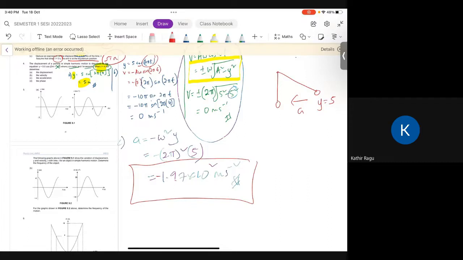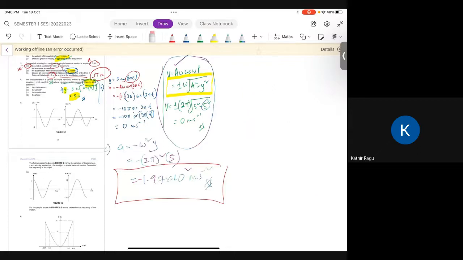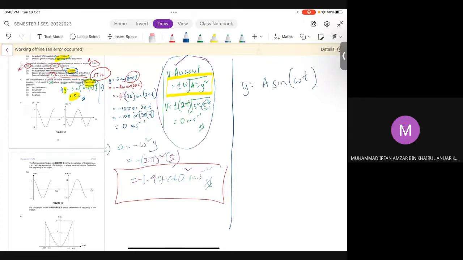Okay, question number D. They ask you about phase. Apa simbol phase? Tak tahulah, tak pernah belajar. Jangan cakap tak pernah belajar. Phase tu simbol dia yang mana? Y equals to A sin omega T. Yang mana phase?